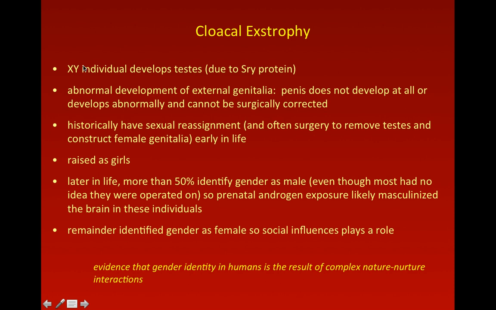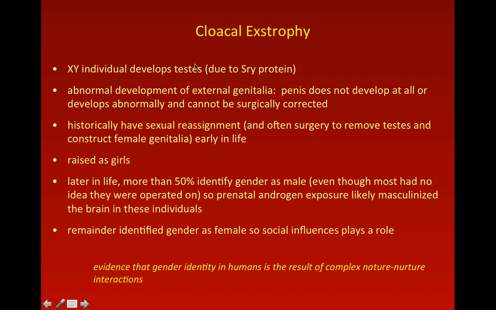This involves individuals who have a male genotype, so an X chromosome and a Y chromosome. Because they have the Y chromosome, they have the SRY gene, which makes the SRY protein, which triggers in early embryonic development the development of the testes.